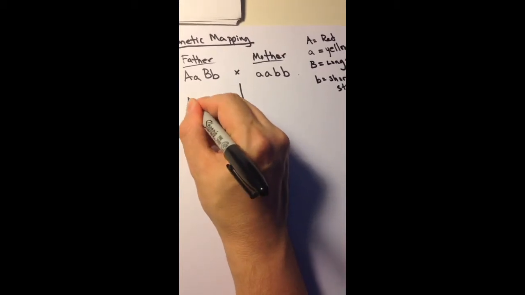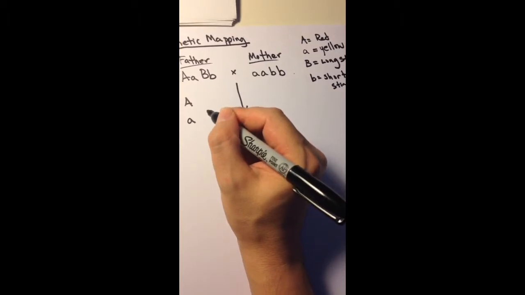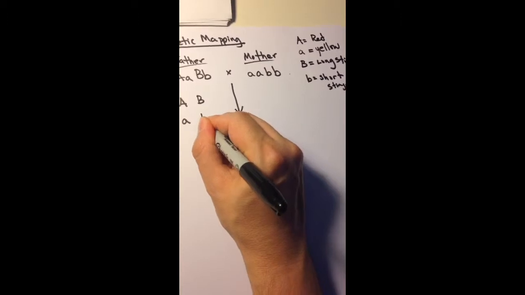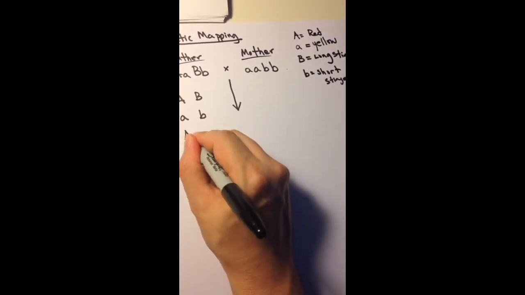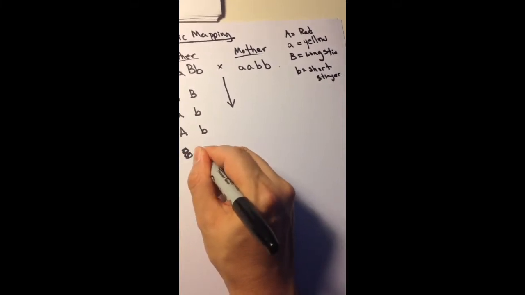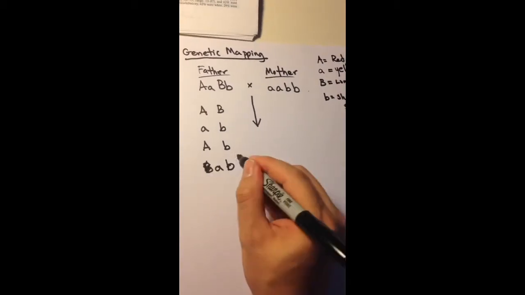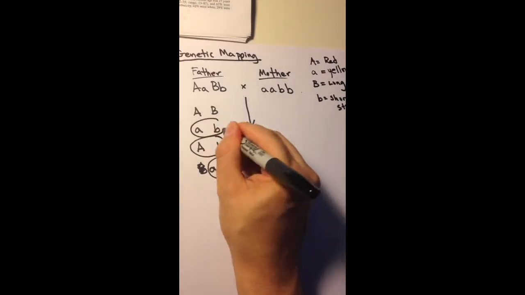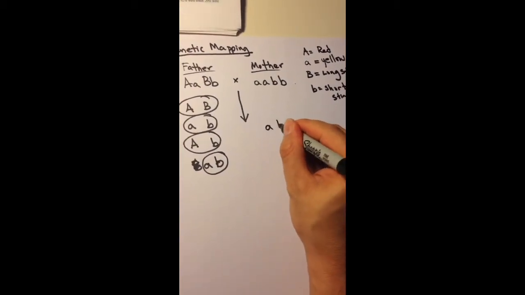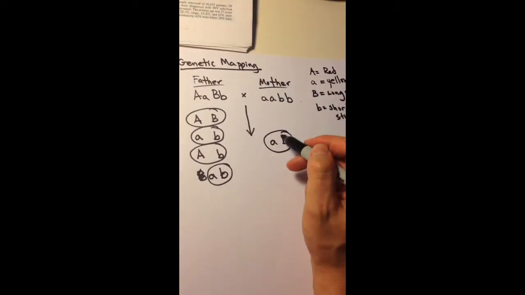He can give a big A or a little a, and he can also give a big B or a little b. These can be combined like this. So you have 4 different combinations of gametes that the father can give. The mother can only give this gamete because it's the same recessive allele for each.